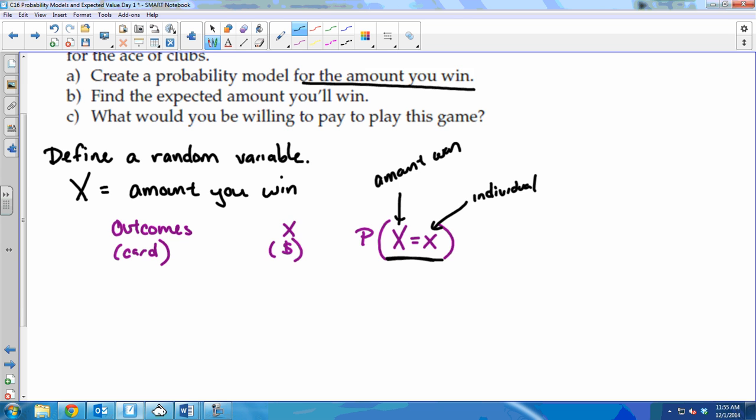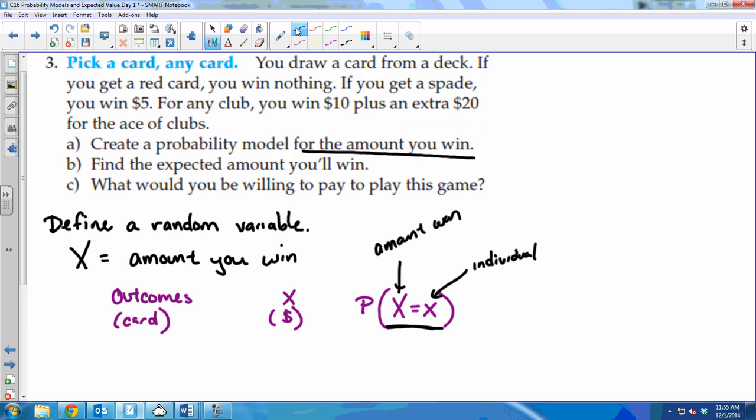So we're going to list our outcomes here. The first one is you get a red card. I'll read through the question. It says, if you get a red card, you win nothing. So the amount won is $0. Then what's the probability that you get a red card from the deck? 50%, 1/2.